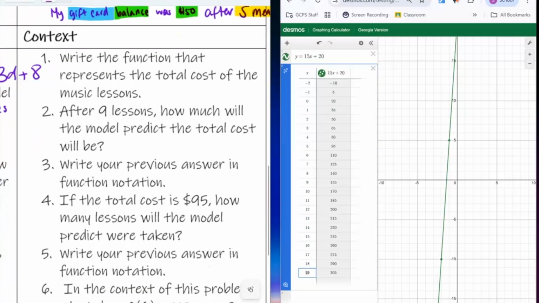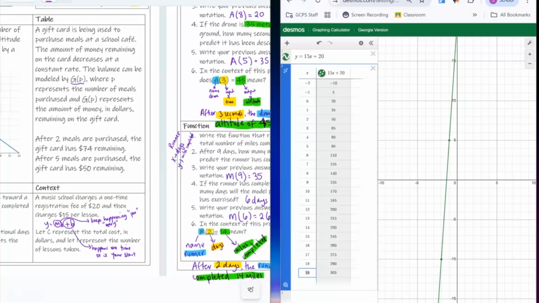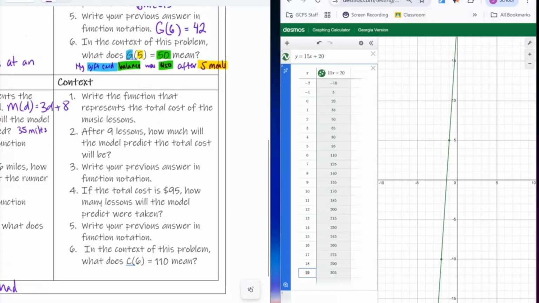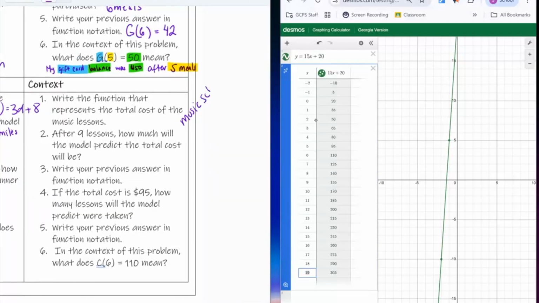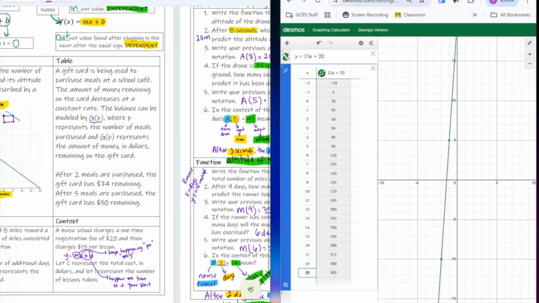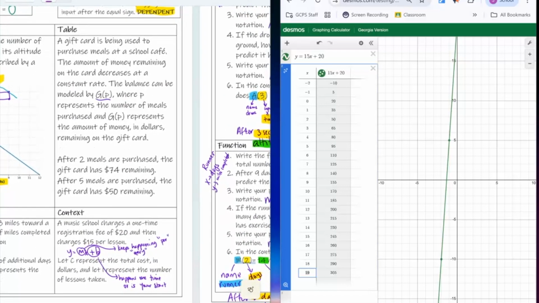So number 1, write the function. I forgot to get what the name of this was. So music school. Okay, so let's write down our 3 things again. So we have the name is music school. My X is going to be charges $20 one time and then $15 per lesson.